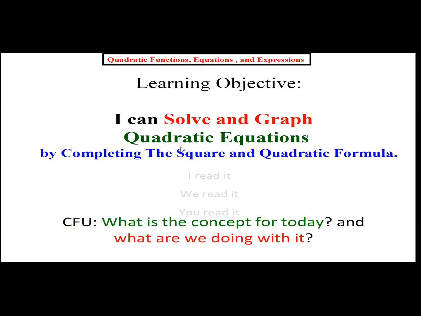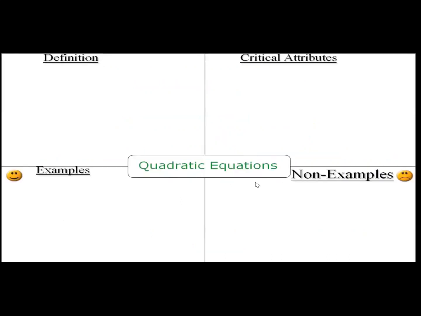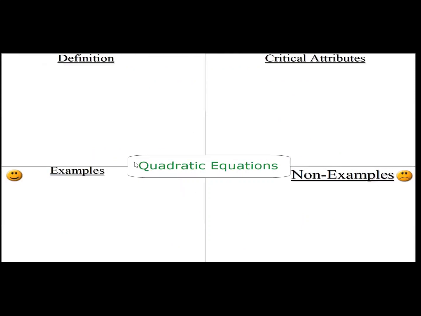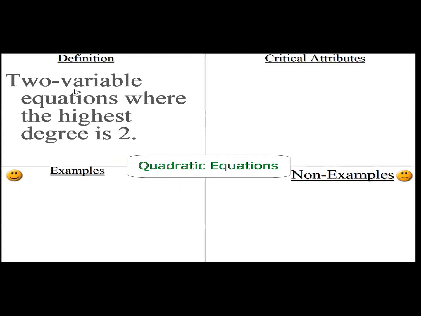All right, so let's start with a Frayer model. What are quadratic equations? Let's see if you remember from first semester. Quadratic equations are two variable equations where the highest degree is 2.